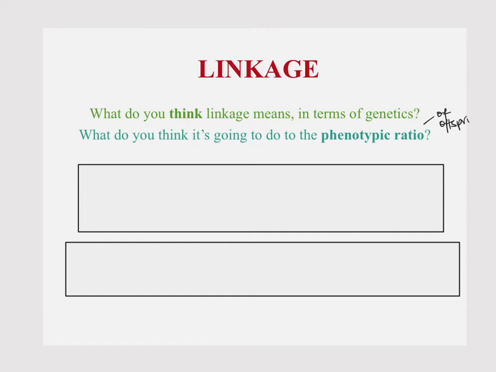By phenotypic ratio, I'm talking about the proportion of offspring that look a certain way. So you can spend a couple of minutes thinking about that, or you can just carry on letting this video play and we'll go through that definition.